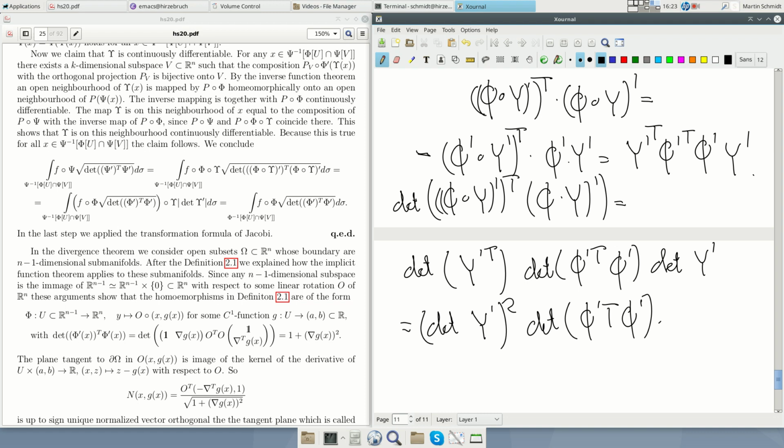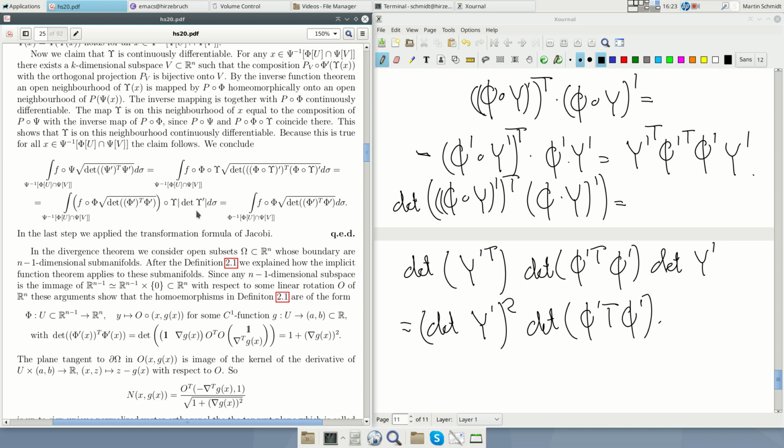If we take the square root, we obtain the absolute value here.